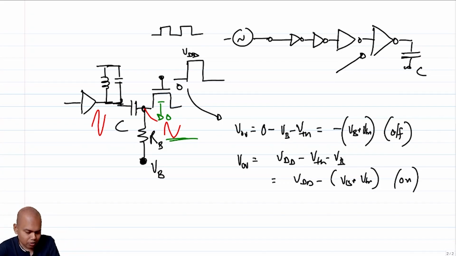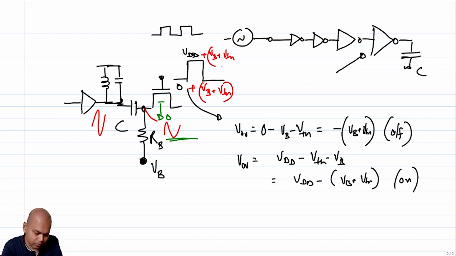So what can I do? All I need to ensure is that this does not go from 0 to VDD, right? So this bias voltage goes from, let's say, 0 plus VB plus VTH to VDD plus VB plus VTH, right? So if I can ensure that, then I am done, right?